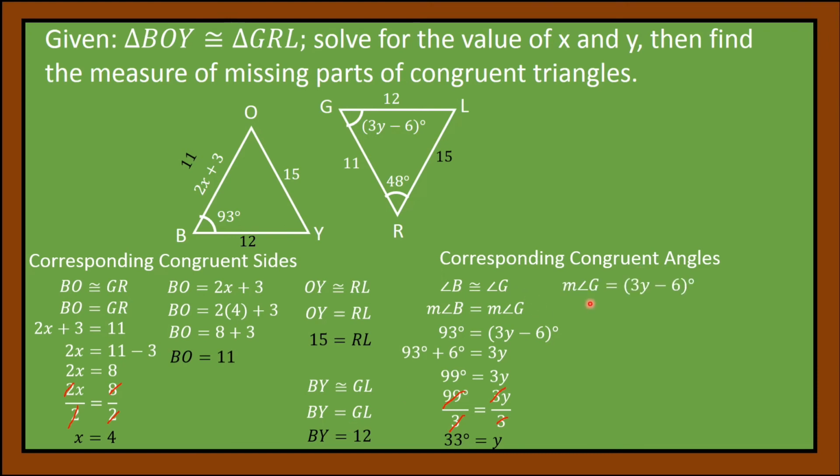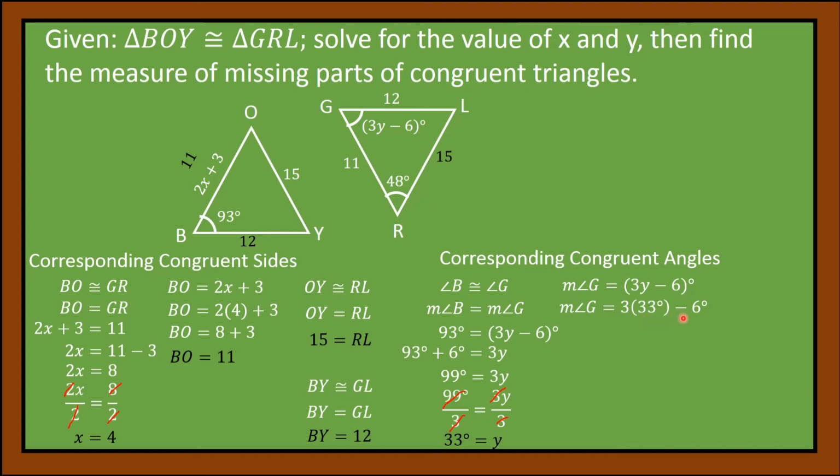So, next, the measure of angle G is equal to 3y minus 6 degrees. So, this is our angle G. To get its value, we need to substitute the value of y that we obtained. So, we now have here, the measure of angle G is equal to 3, and then y will be replaced by 33 degrees.